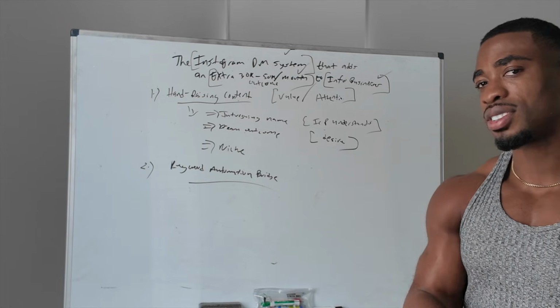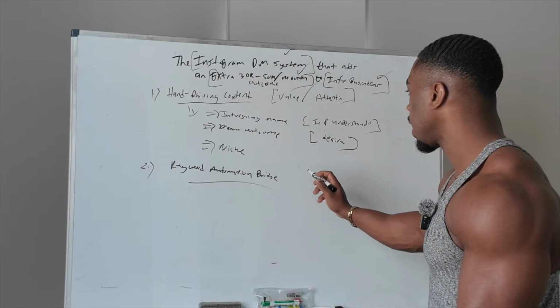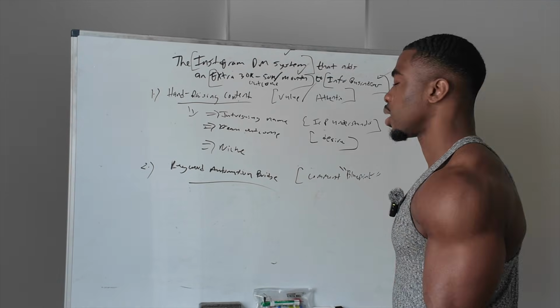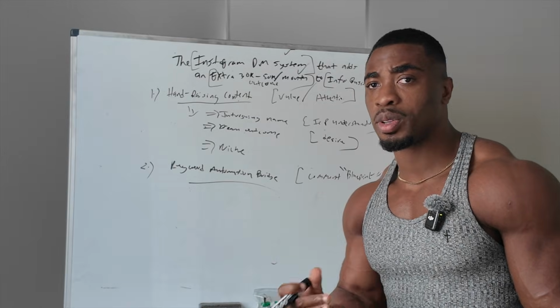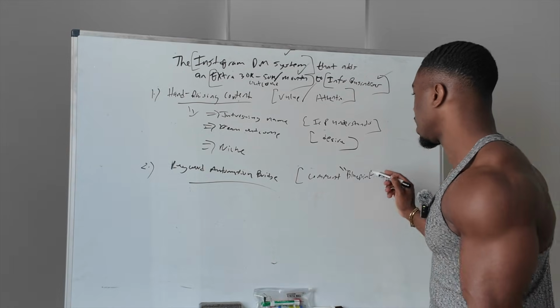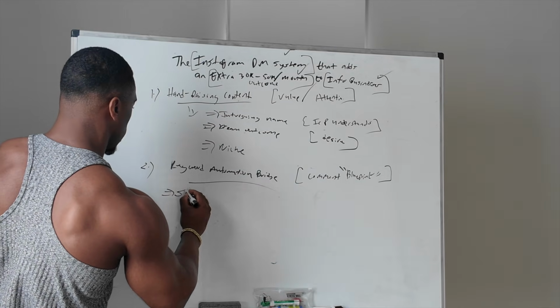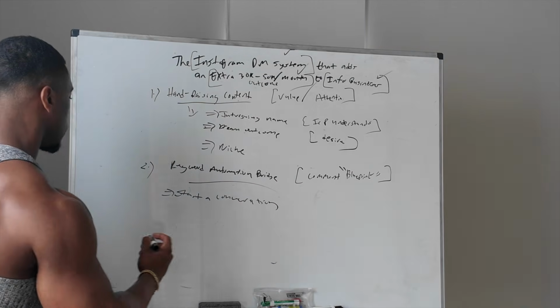You want to get a conversation started. So that keyword automation bridge could be comment blueprint, or whatever word you want to make, right? This could be on a piece of content. This could be on your story. It could be on whatever you're doing. And it's going to start a conversation. Start a conversation. You want that conversation to get started, which brings us to number 3.